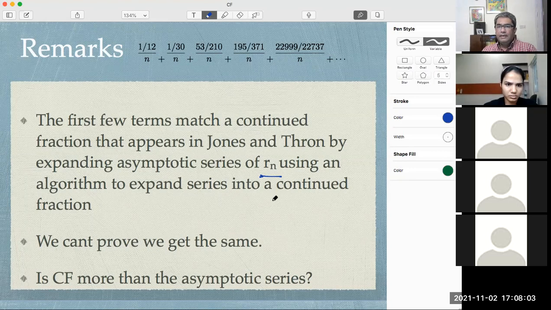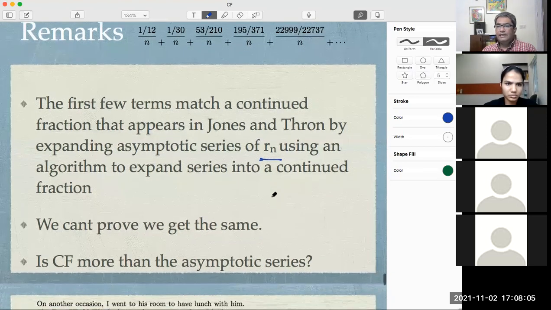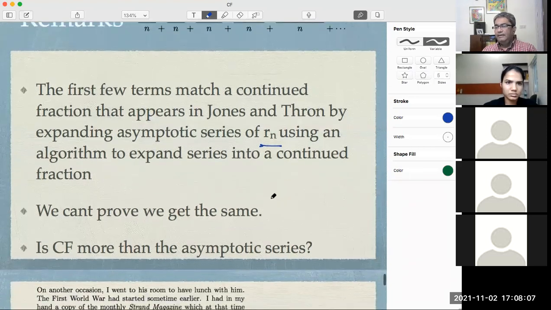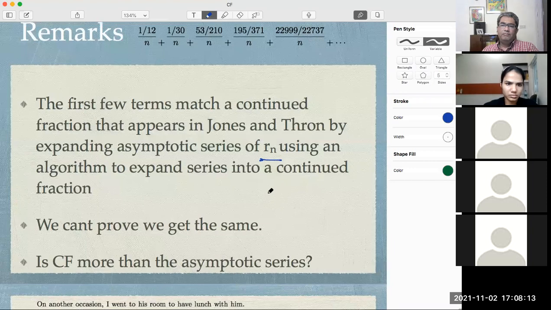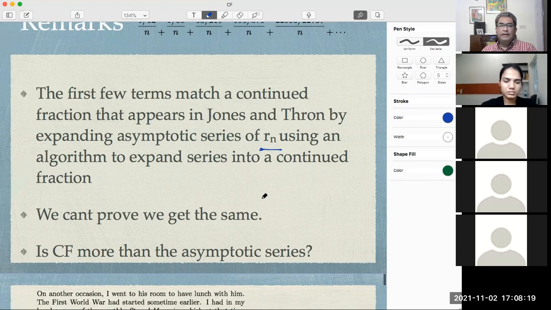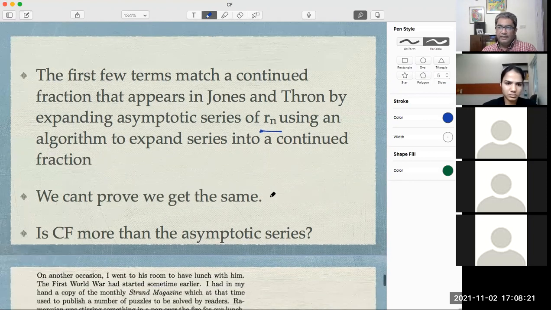So this is rather strange, that by this weird mechanism we get some numbers, and those numbers happen to be the same. We can't prove that it's the same. In fact, we don't want to prove it's the same, but somebody is going to ask, is it the same or not?